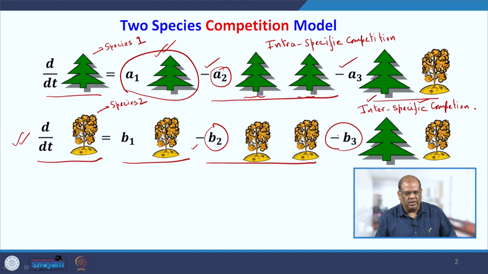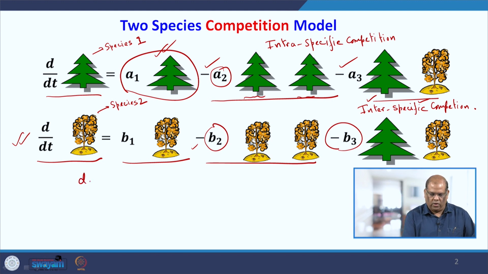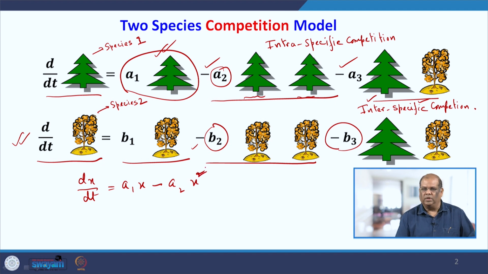If you replace them by the variables x and y, this will look like dx/dt equals a1 times x minus a2 times x into x. So, it becomes x squared because it is of the same species, minus a3 into x and the other species, which we represent by y.